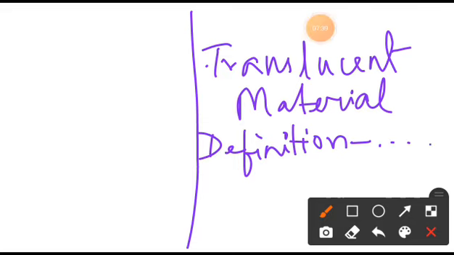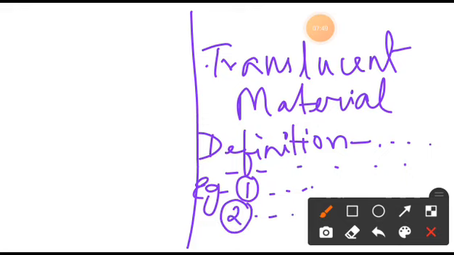Then after writing the definition, as mentioned, you will have to write 3 examples. So you are going to write example 1, example number 2, and example number 3.